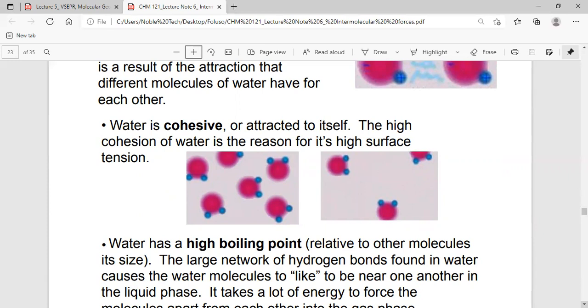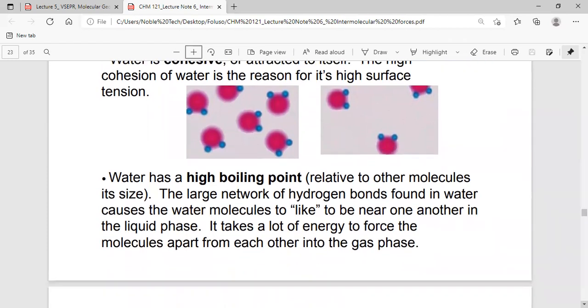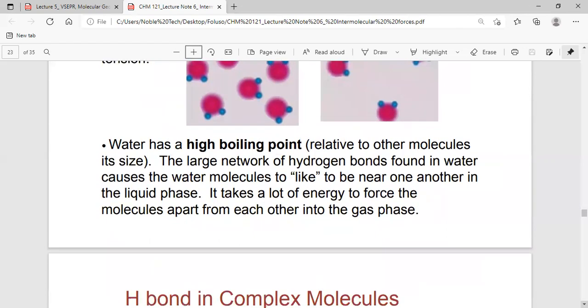Water would have a meniscus that is curved because it has that strong cohesive force, strong attraction to other water molecules. Water has high boiling points. We've talked about that, so I will not stress that again.